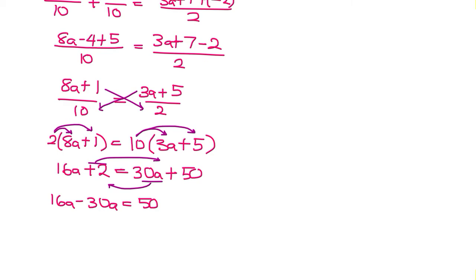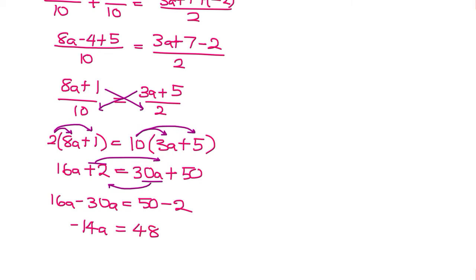So positive 2 moving over to the right side becomes negative 2. So once we have that, 16a minus 30a gives us minus 14, or negative 14a, and this here is equal to 50 minus 2 gives us 48.